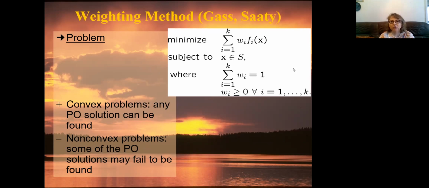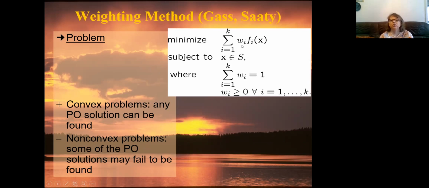Typically, we scale the weights so that they sum up to 1, but this is just technicalities. But anyway, the weighted sum is a method that should be used with utmost care because it can somehow work for convex problems, but for example, for non-convex problems, there can be solutions that will never be found no matter how the weighting coefficients are chosen.